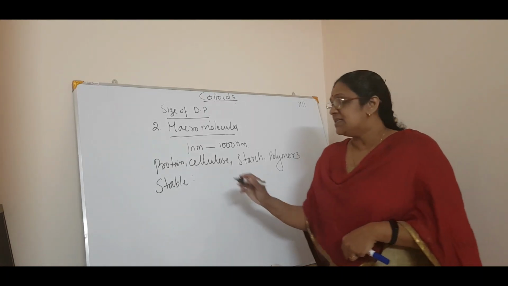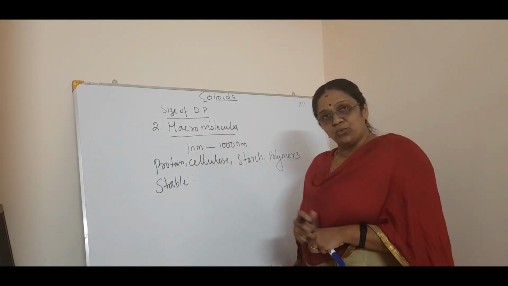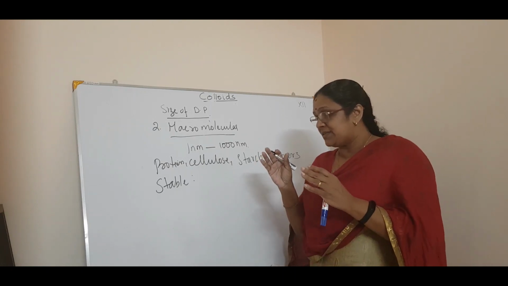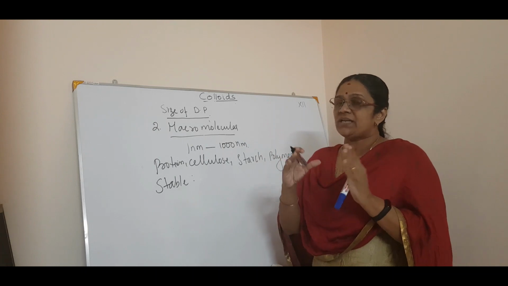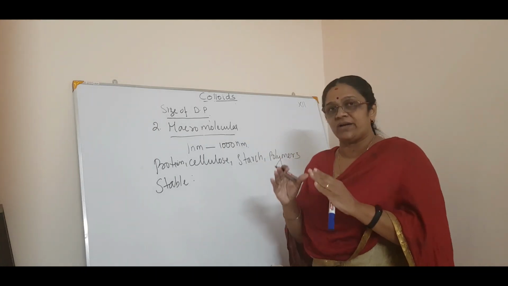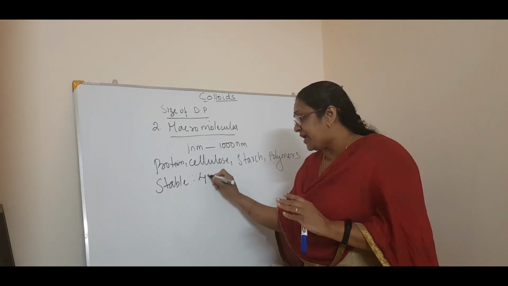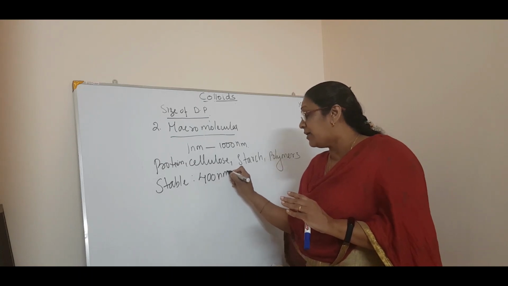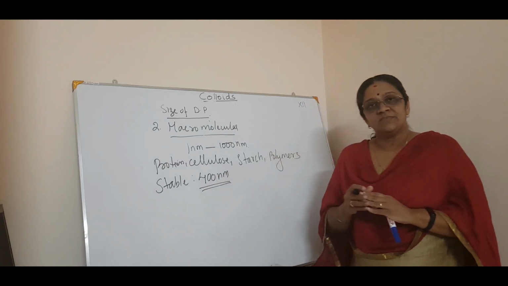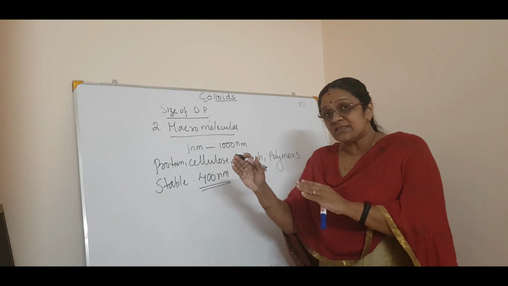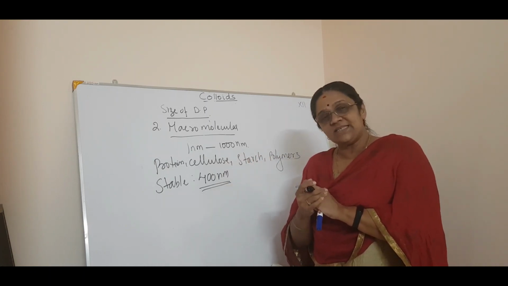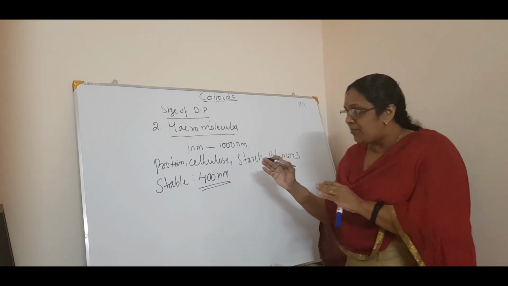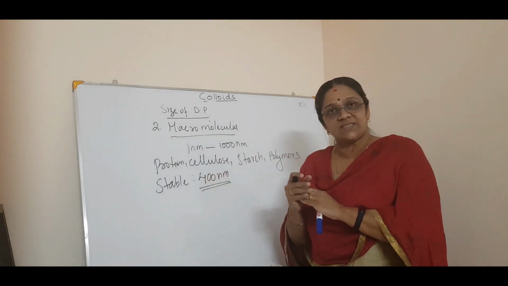Because in these macromolecules, we already said that the size ranges from 1 nanometer to 1000 nanometer. That is why we call it a colloid. Yes, but the size ranges in 400 nanometer, which is towards the true solution side. That is away from the suspension side and more towards the solution side.